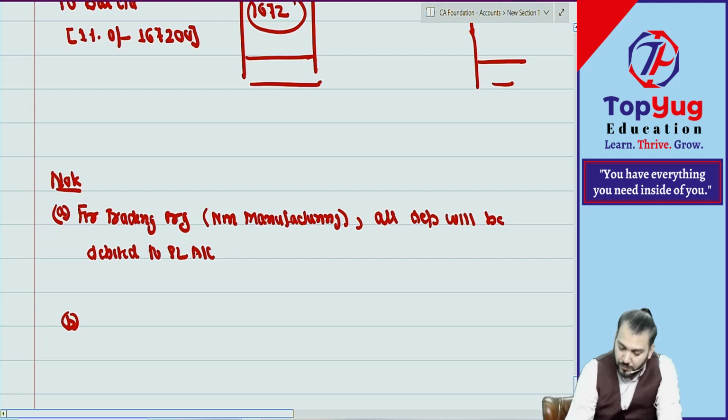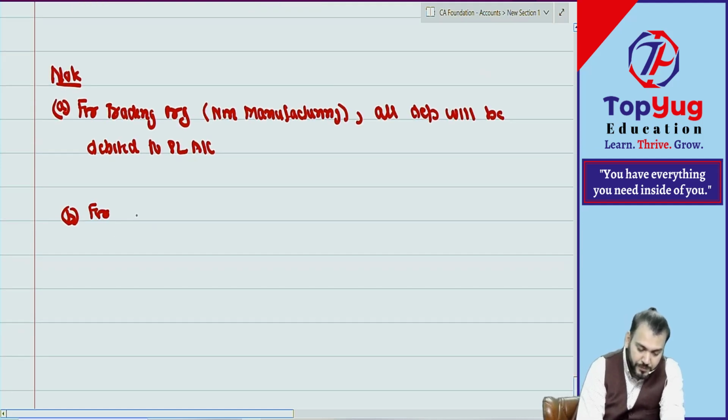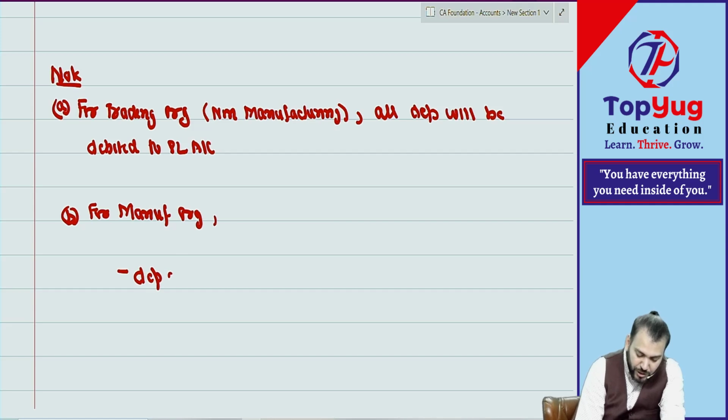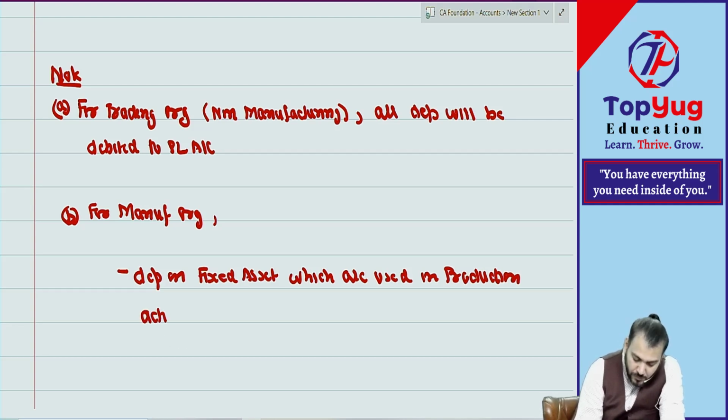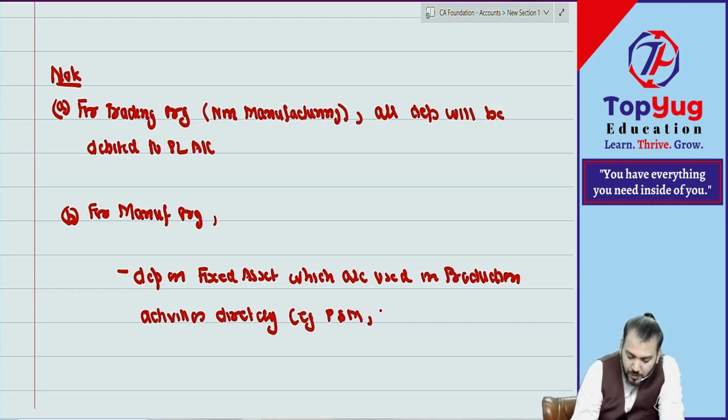Point number B. For a manufacturing organization, depreciation on fixed assets which are used in production activities directly, for example plant and machinery, factory building.